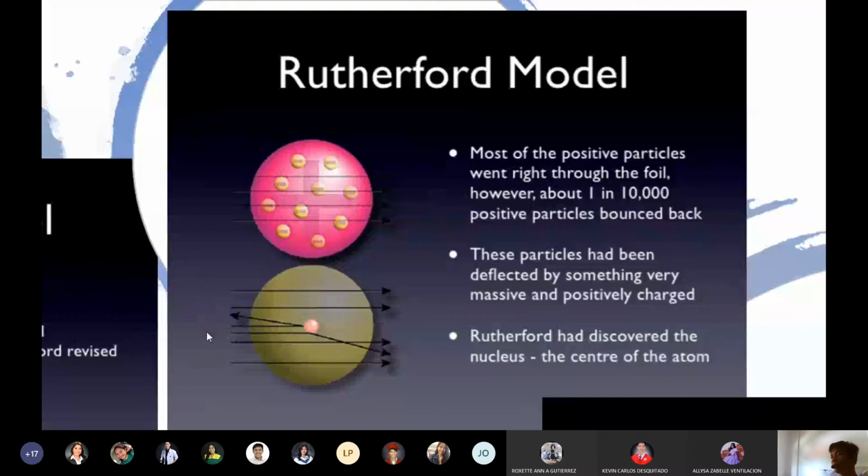Say this is the alpha particle, it hits there, and the particle deflects. Some bounced back. But if it doesn't hit it, it will just pass through. So that led to the idea that there is something concentrated inside an atom. It's not just one big blob like this. Instead, there is something concentrated at the center of the atom.